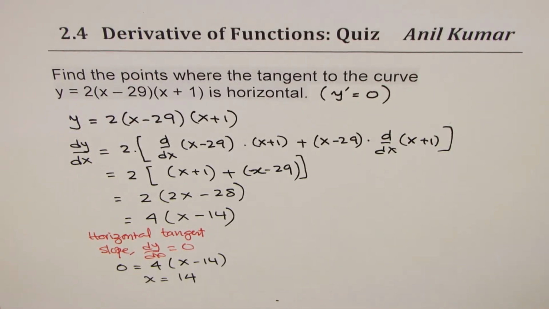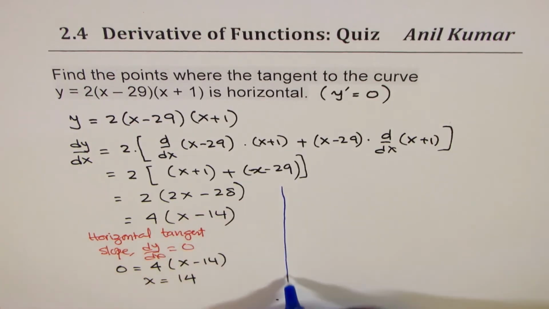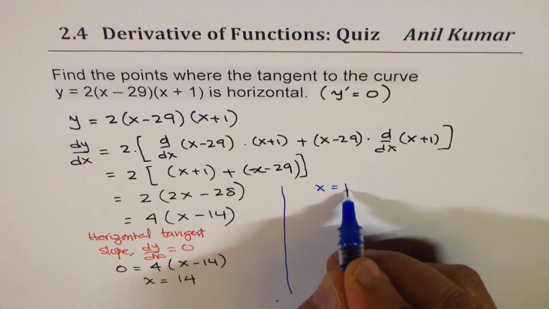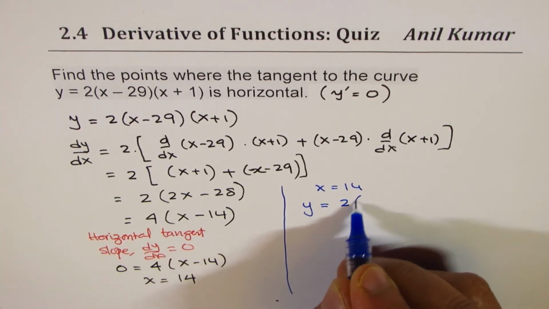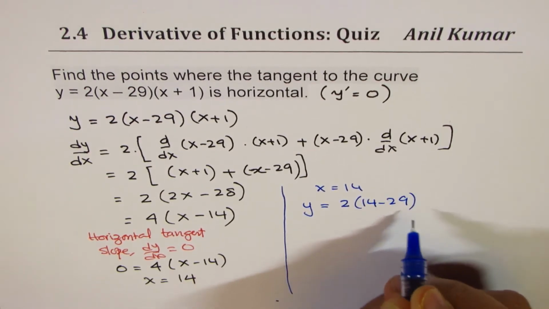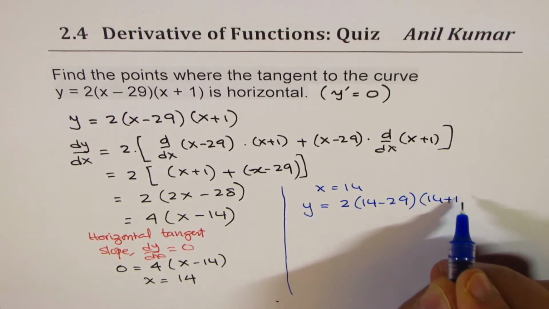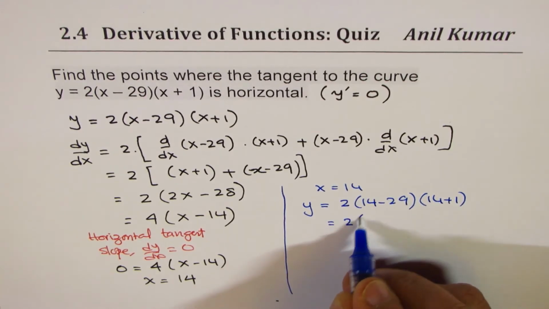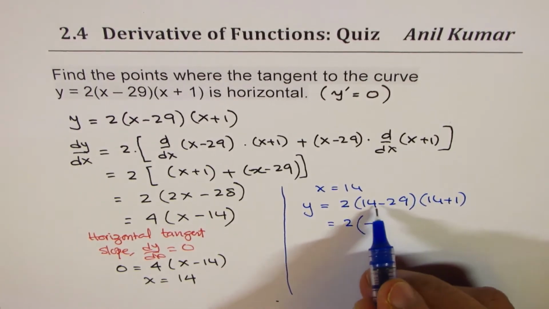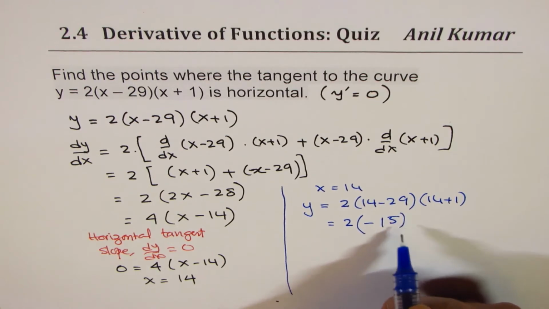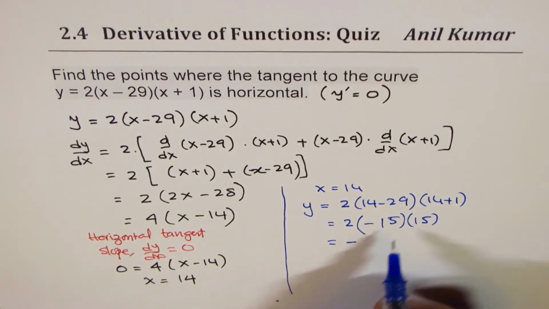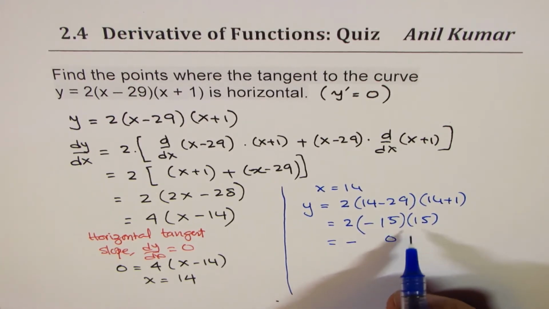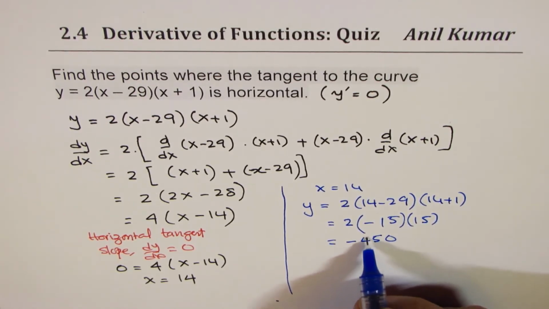So we get our point with x value as 14. We have to find the y value also. So for x equals to 14, we'll substitute this back and find y equals to 2 times 14 minus 29 times 14 plus 1, right? Which is 2 times minus, this is 15 times 15. Okay, so that is minus 30 times 15. 3 times 5 is 15, 450, correct?